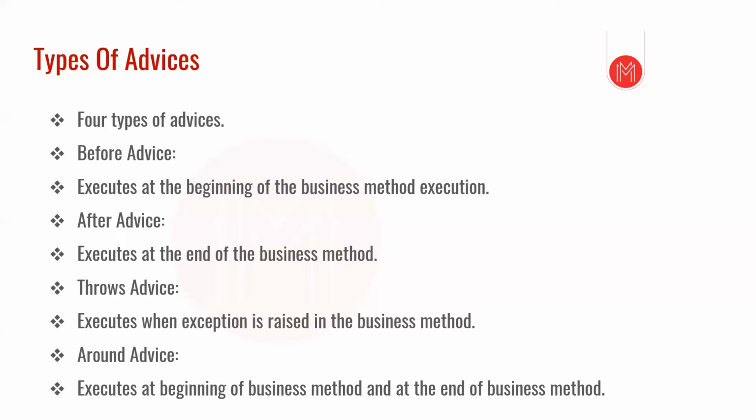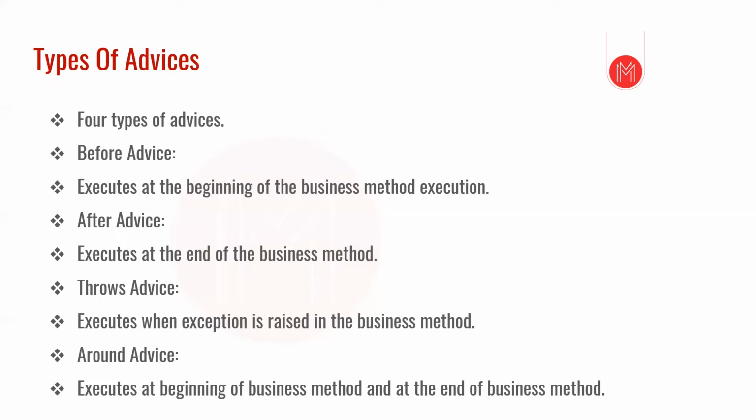For example, if you want to apply any aspect, then you just need to work with one simple annotation, that is the @Aspect annotation. So we apply @Aspect on top of the class, which represents that this class can work as an aspect.